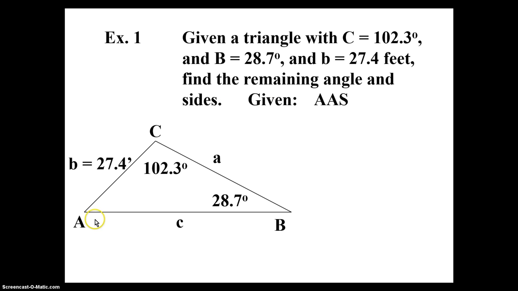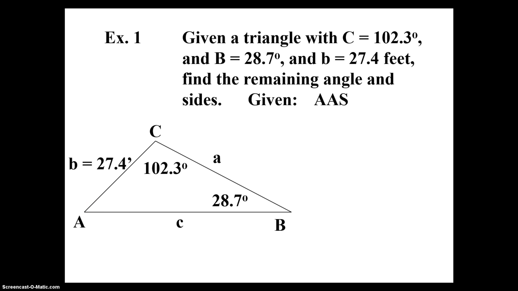So angle A plus angle B plus angle C equals 180 degrees. If I have two known angles, what do I need to do to get my last and third angle?